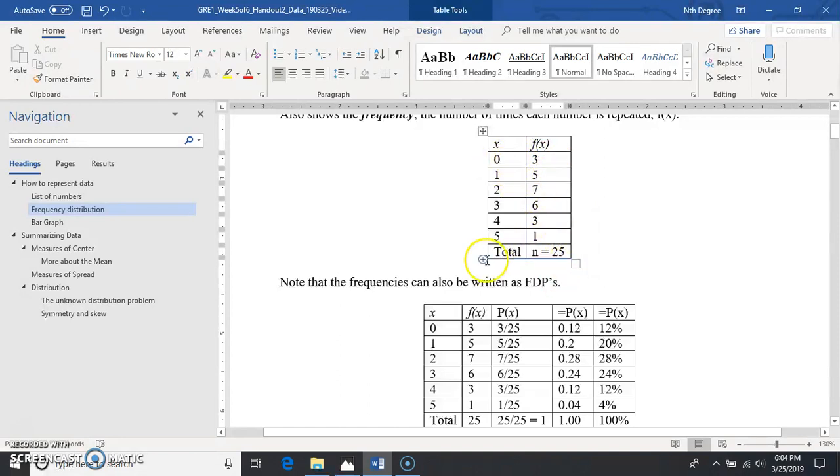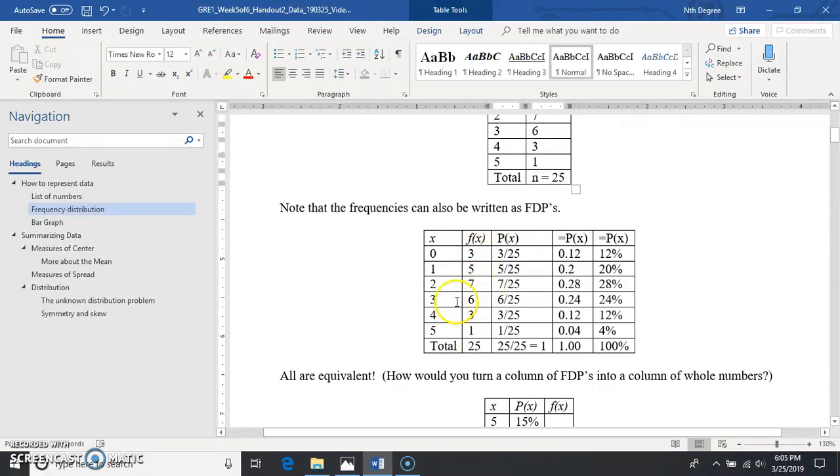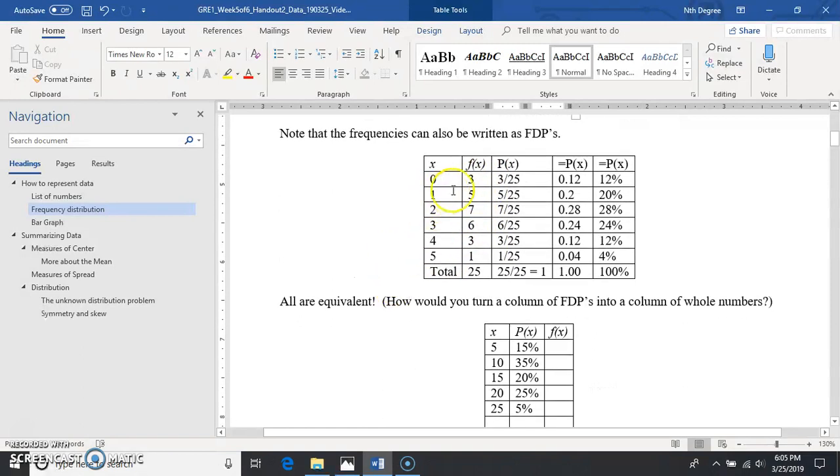So let me copy and paste this part of the table down here. Now, we decided that there are 25 numbers in the list altogether. So wouldn't that mean that the zeros constitute 3/25ths of that list? 3/25ths. And that's why we write 3/25ths here.